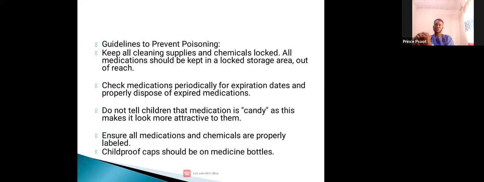Guidelines to prevent poisoning. You keep all cleaning supplies and chemicals in a locked storage area and out of the reach of children. You check medications periodically for expiration dates and properly dispose of expired medications.